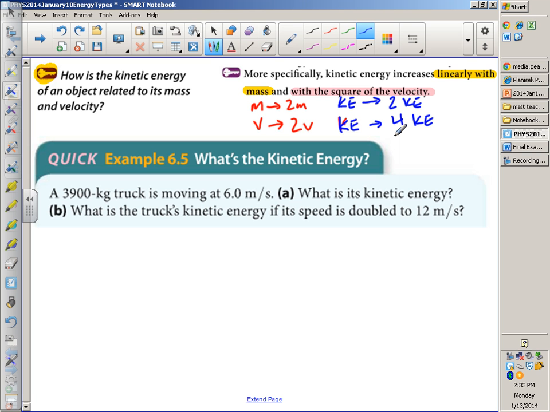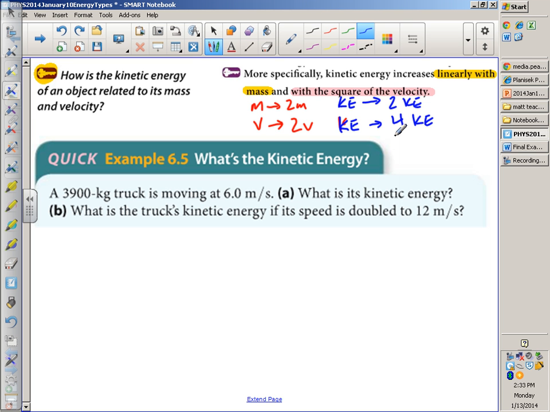Meaning, if you get into a crash on Hilliard going 35 miles per hour, or you get into a crash on the highway going 70 miles per hour, how bad of a crash is the one on the highway? Is it twice as bad of a crash?